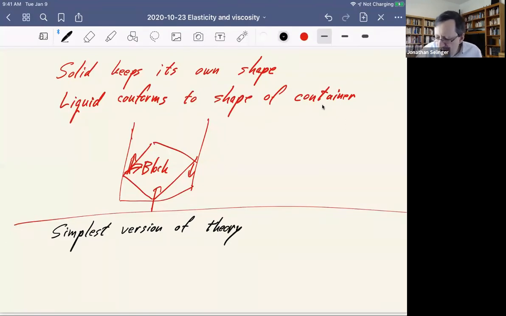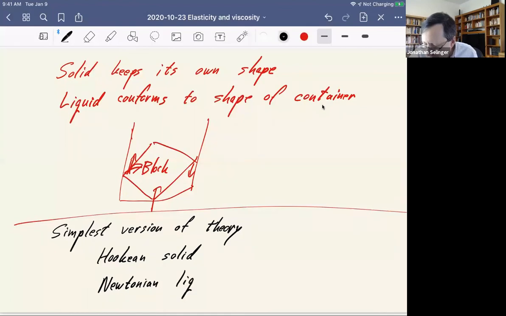And the name for the simplest version for the solid, people call it a Hookean solid because it follows Hooke's law, right? So it's named after that same Hooke, right? And for a liquid, people call it a Newtonian liquid, because Isaac Newton figured out this stuff about viscosity, along with all the many other things he figured out.